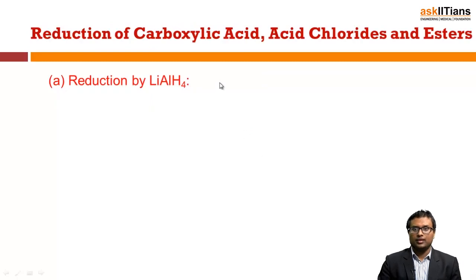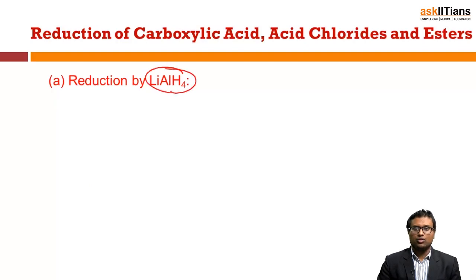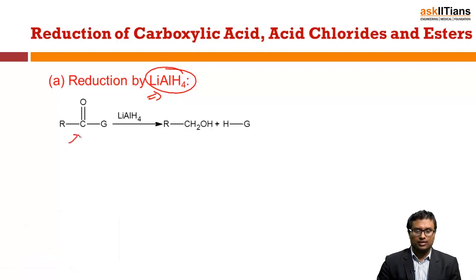Reduction of carboxylic acids, acid chlorides and esters. You can reduce carboxylic acids, acid chlorides and esters, and for reduction you use reducing agents like lithium aluminum hydride. For example, if it is an acid chloride, here you have a carbonyl compound.